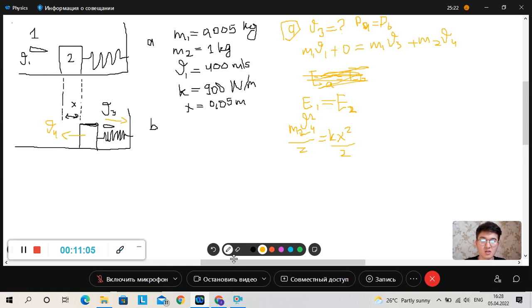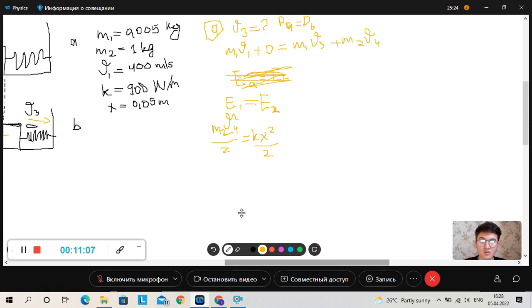We need to find v4, and v4 is the root of k x squared divided by m2.